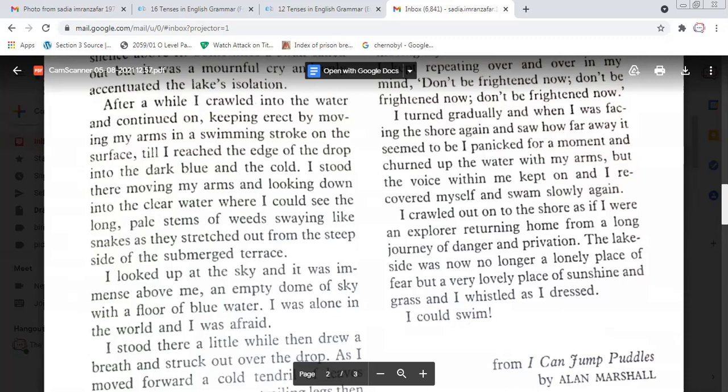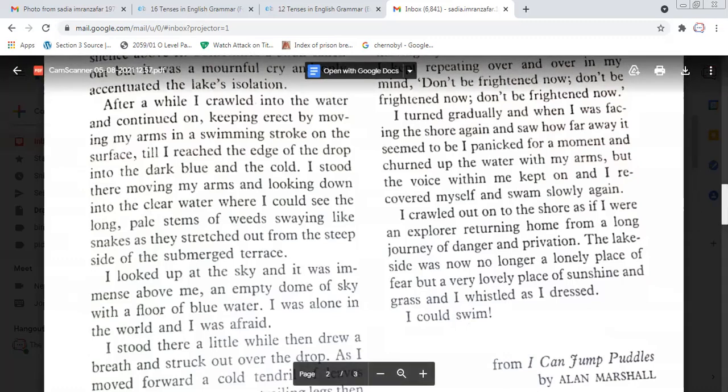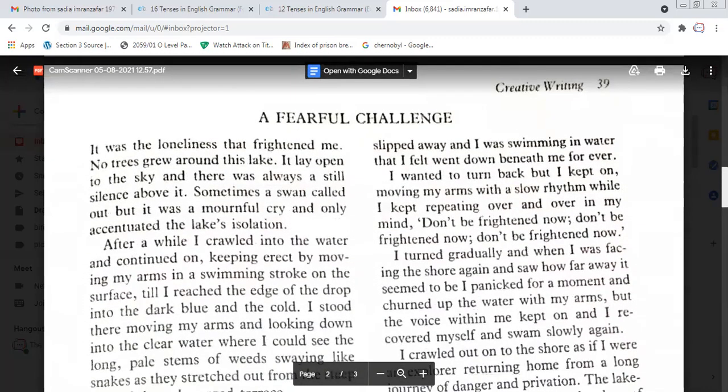The lakeside was now no longer a lonely place of fear, but a very lovely place of sunshine and grass. And I whistled as I dressed. I could swim. From I Can Jump Puddles by Helen Marshall.